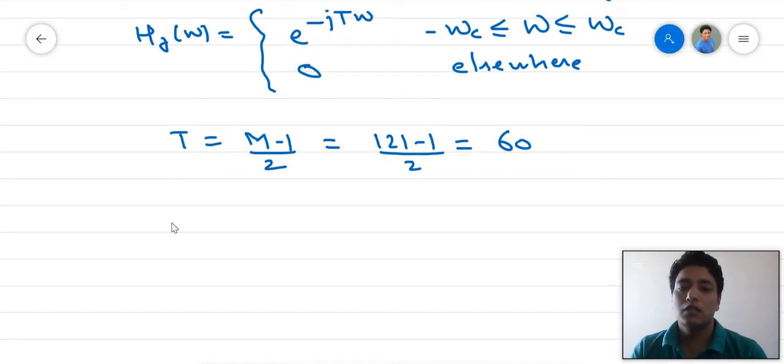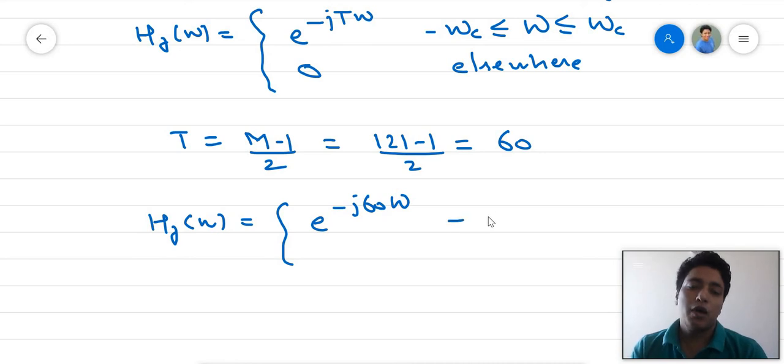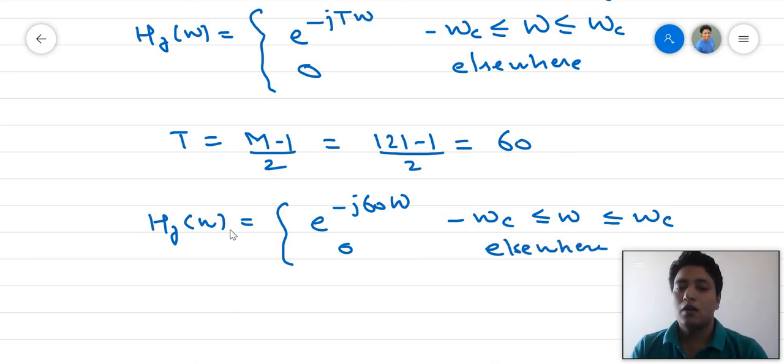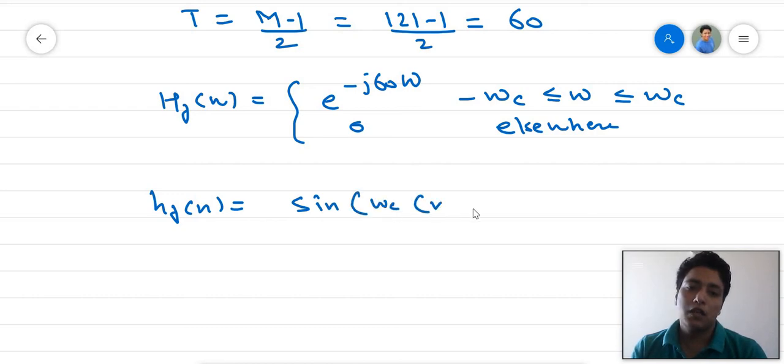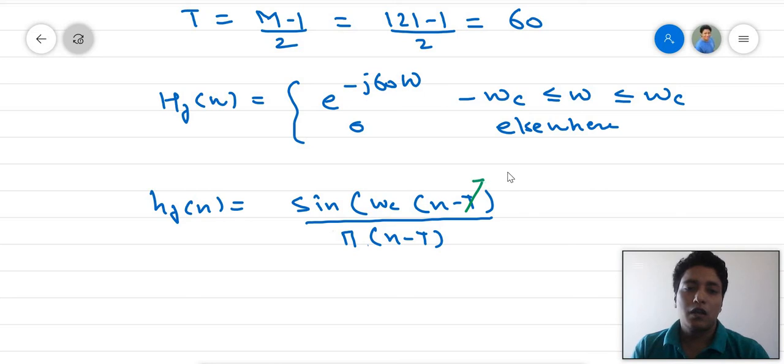So tau is 60. So H d omega is now exponential minus j 60 omega for omega between minus omega c and omega c, 0 elsewhere. Now h d of n will be equal to sine omega c into n minus tau over pi into n minus tau, where tau is 60, omega c is 0.25 pi.